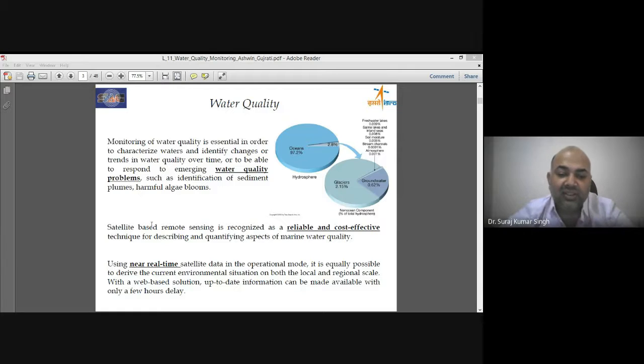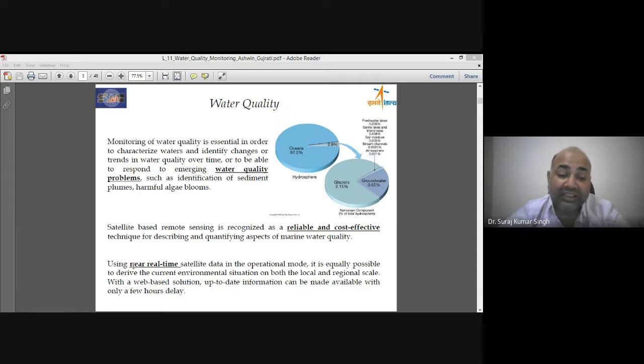So satellite-based remote sensing is recognized as a reliable and cost-effective technique for describing and quantifying aspects of marine water quality, especially if you go for the oceans, coral, mangroves, marine ecosystem exploration, bathymetry analysis. For such kinds of studies, remote sensing and GIS provides a very basic and good database for the creation of those features, and you can easily map those features.